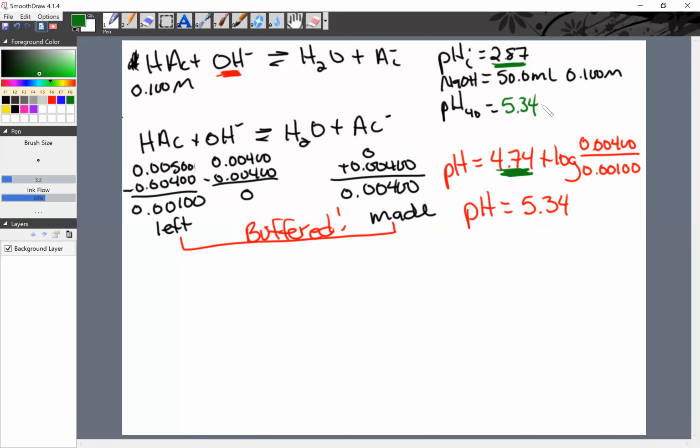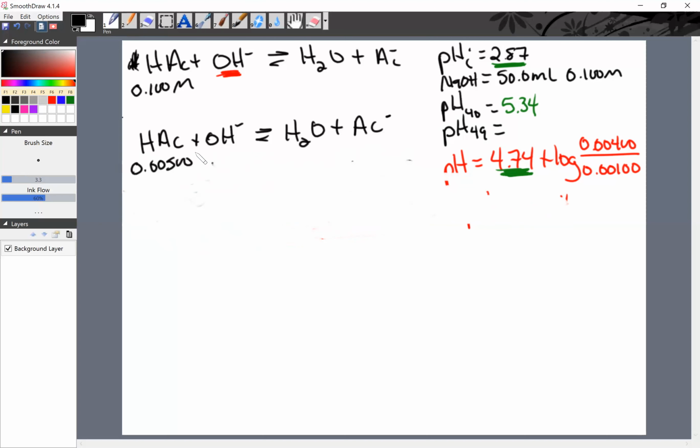Okay, the pH at 49 milliliters. All right. I originally started with 0.00500 moles of my acetic acid. At 49 milliliters, I have added 0.00490 moles of my hydroxide.